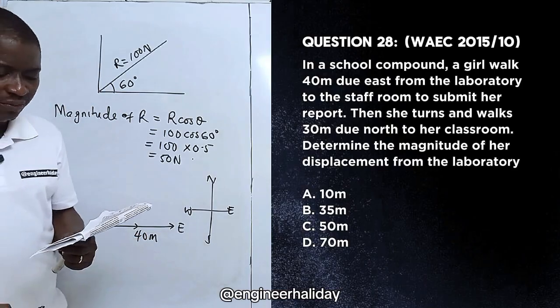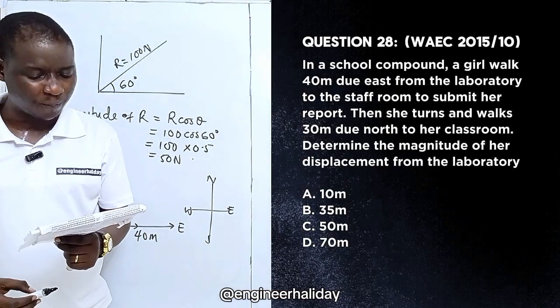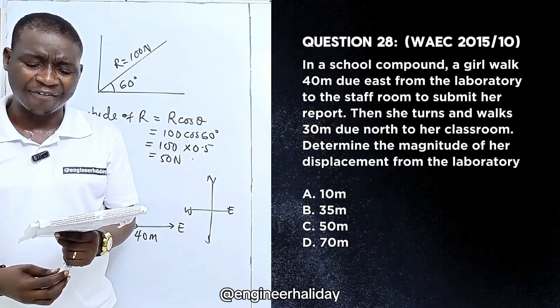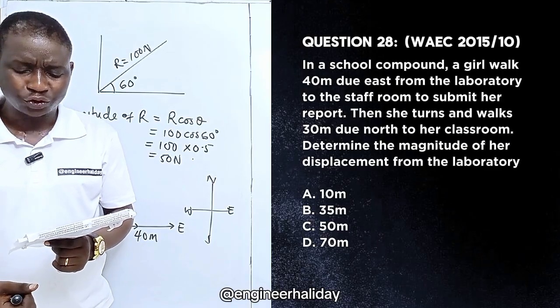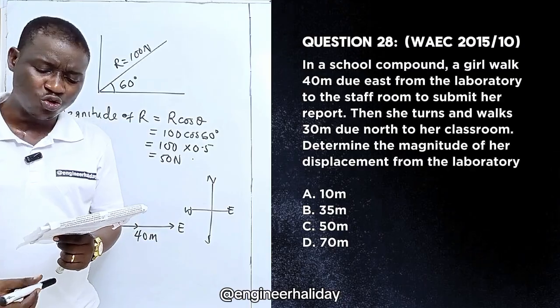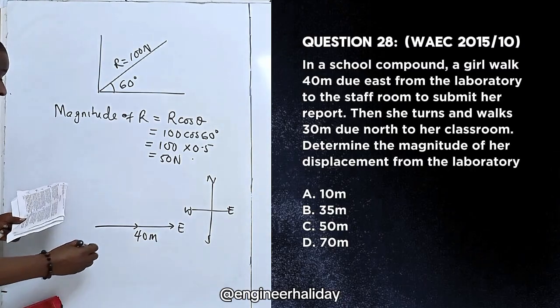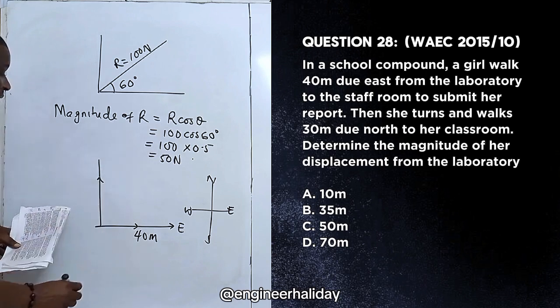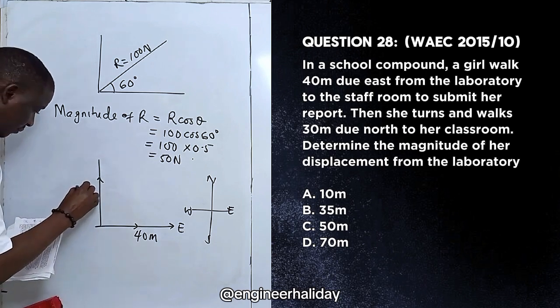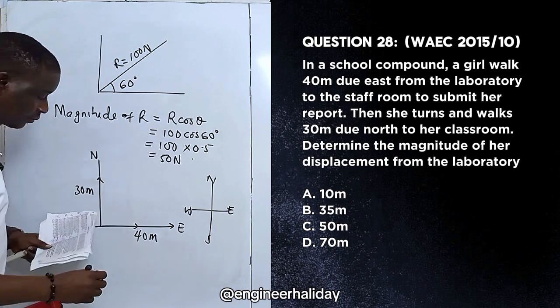So she walks 40 meters due east from the laboratory to the staff room to submit a report. Then she turns and walks 30 meters due north. So this 30 meters due north is north direction.